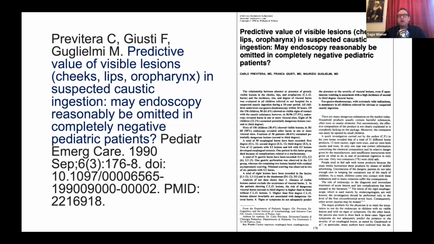It's kind of counterintuitive, right? You'd think that you couldn't have injury deeper in your esophagus without having an injury somewhere in your mouth, because it has to pass through your mouth first, but that's not empirically what's been observed. And so a patient can potentially have a significant injury in their esophagus, even if you don't see any injuries on their face or in their oral cavity.